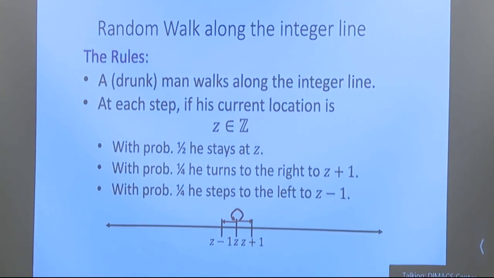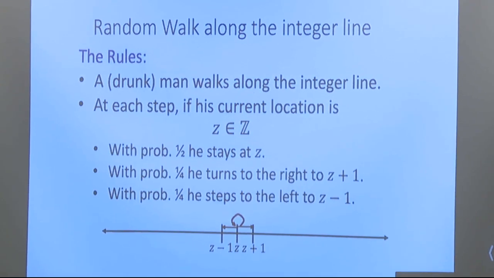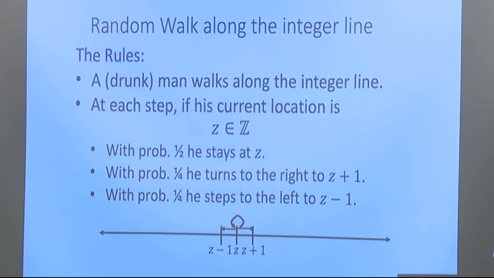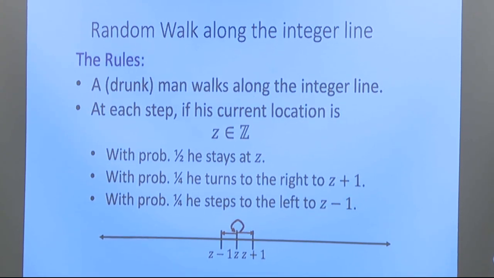The rules of the random walk: there is a drunk man that goes on the integer line. In each step, he flips a coin. With probability 1/2, he stays in place. With probability 1/4, he goes to the right, and 1/4, he goes to the left.